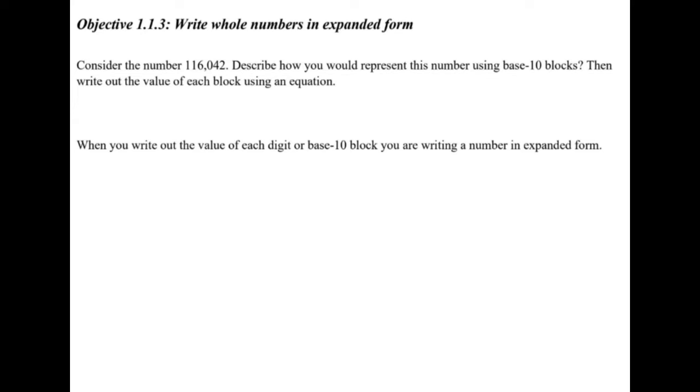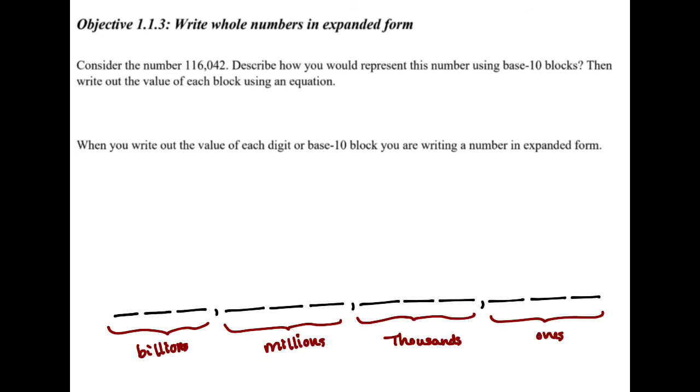In order to do this, you need to remember the chart that we had in the last video, the one that showed the different periods of the different numbers. I'm sorry that's a little bit on an angle, but you get the idea. So this is where we're talking about the different periods, and each period had 3 places.